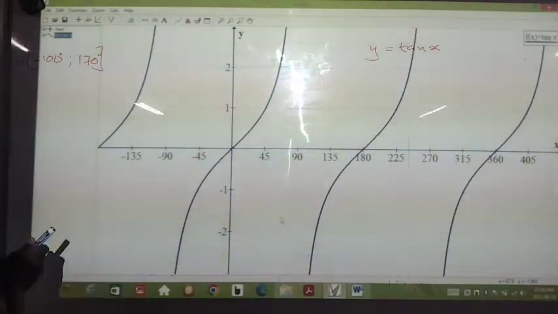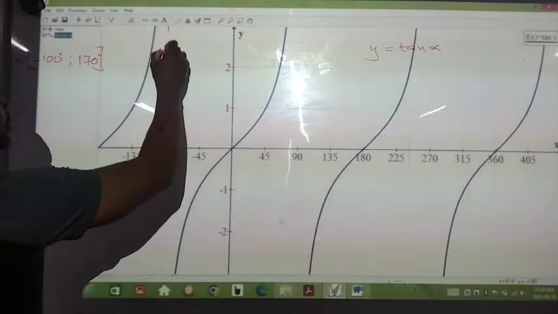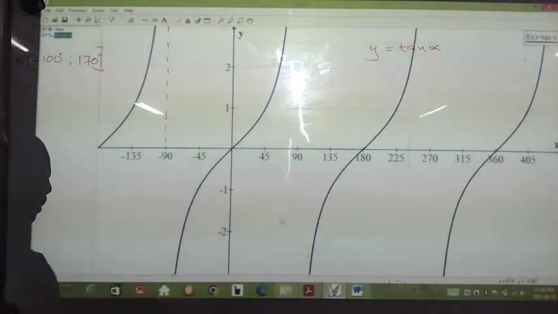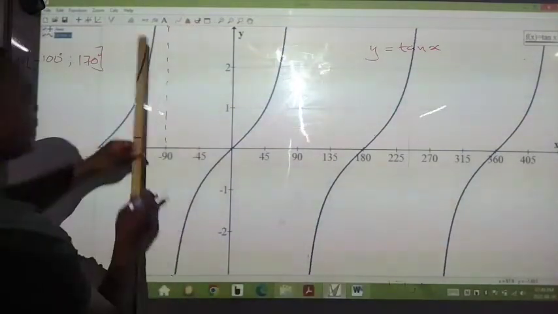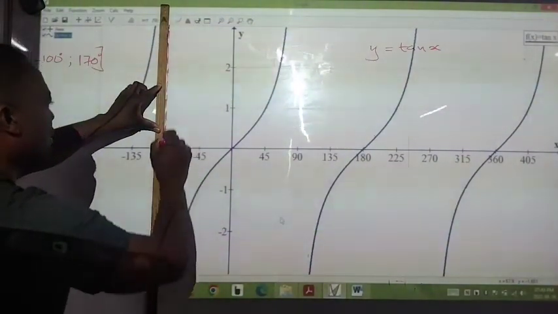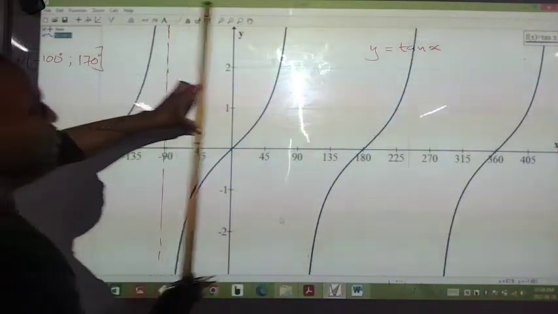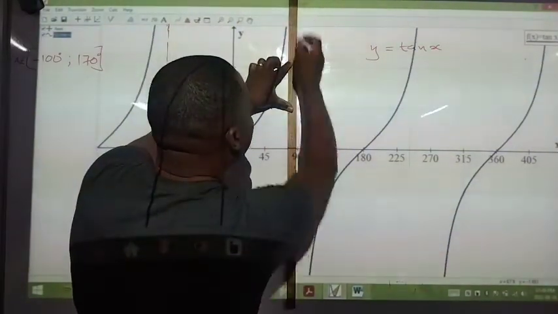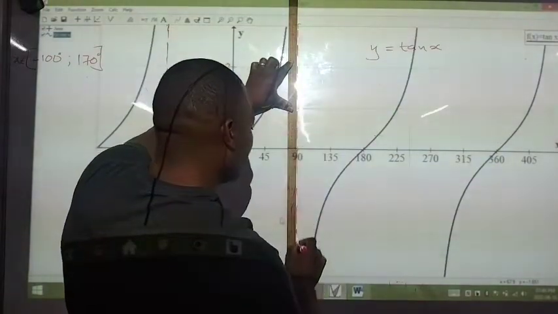And we understand that we have asymptotes at negative 90. You already know about this. There is an asymptote there. There is another asymptote at 90 degrees.